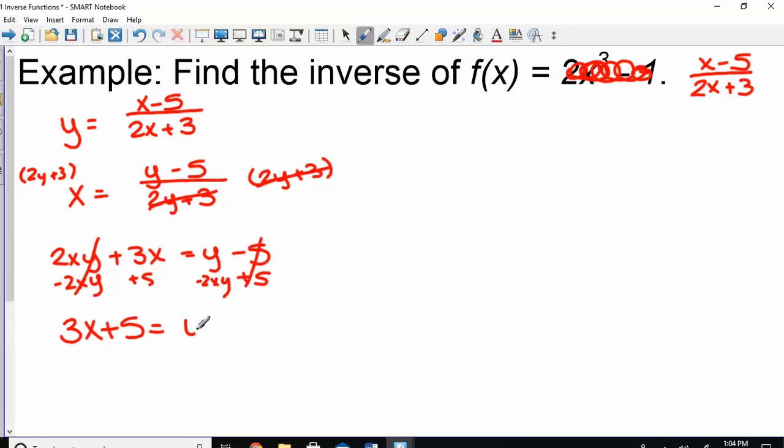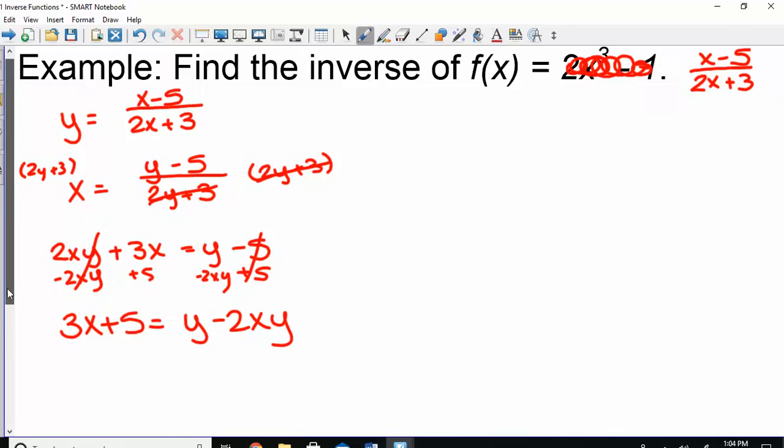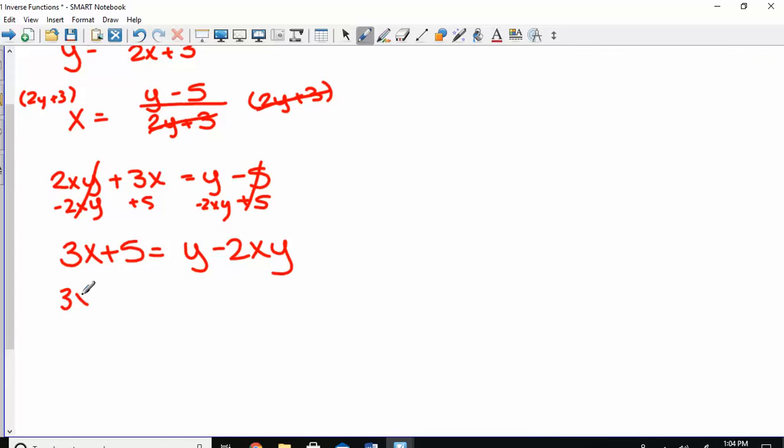And we get 3x plus 5 equals y minus 2xy. So then, you can pull out a y, which leaves you with 1 minus 2x, and you divide.